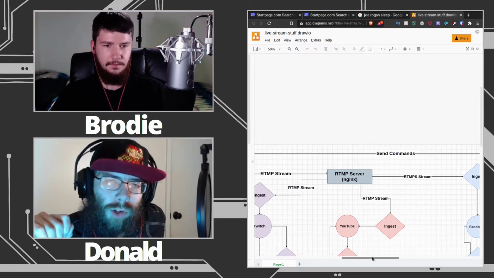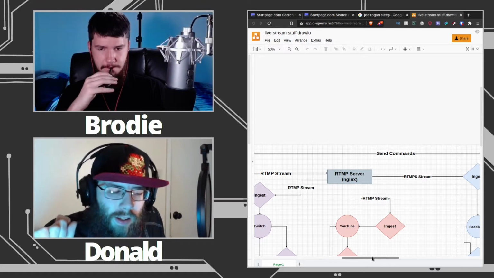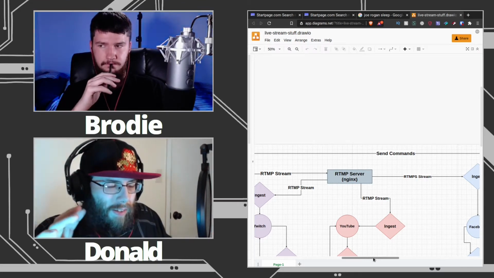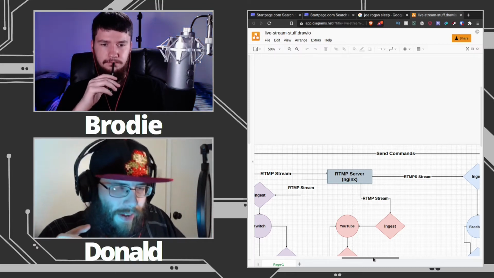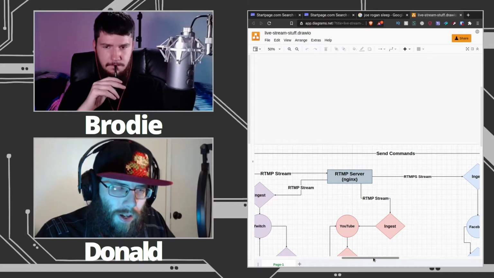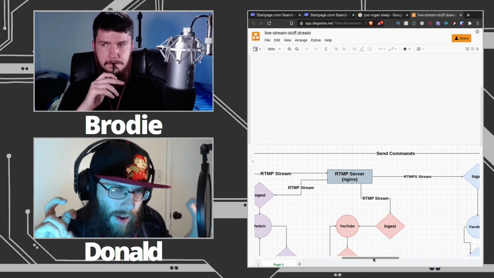Okay. You got it. So the only part that makes that a little more complicated is, and you probably already understand this, the way Twitch handles live streaming and the way something like YouTube handles live streaming are different. So on Twitch, your profile is technically always live. Right.